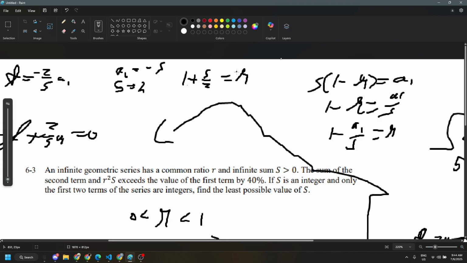We know that. Can r be negative? Yeah, r can be negative.